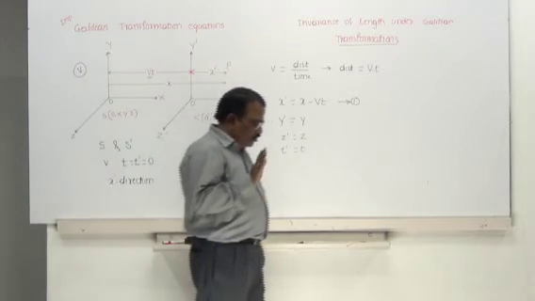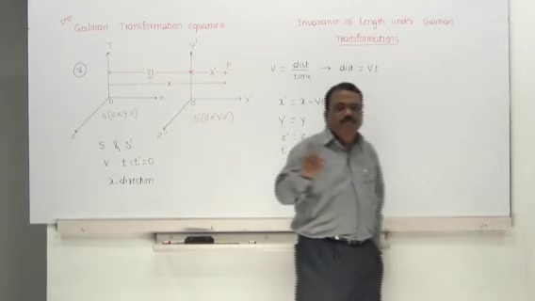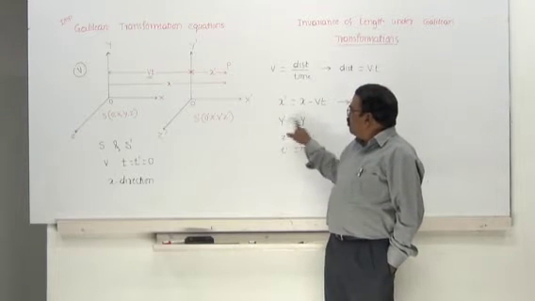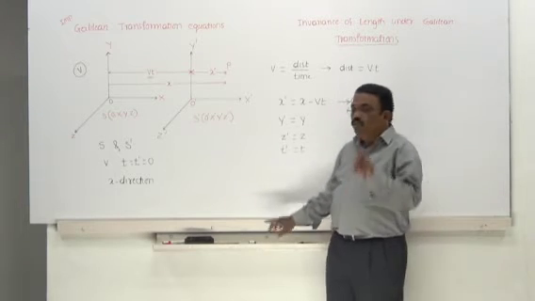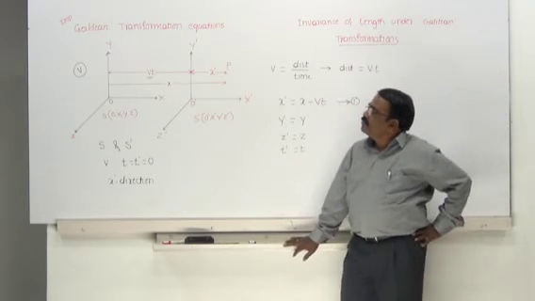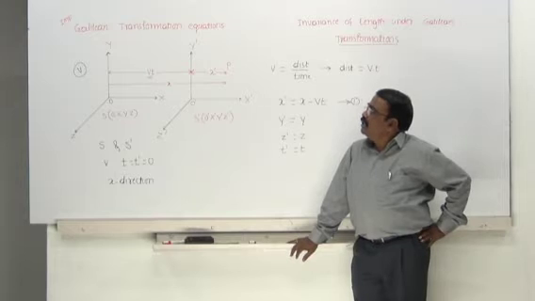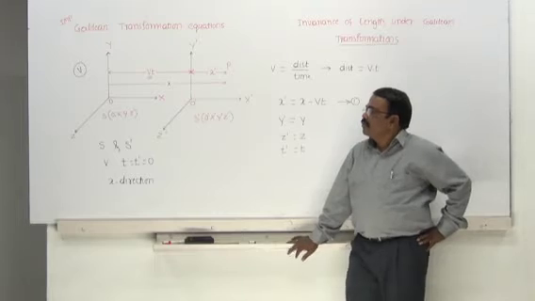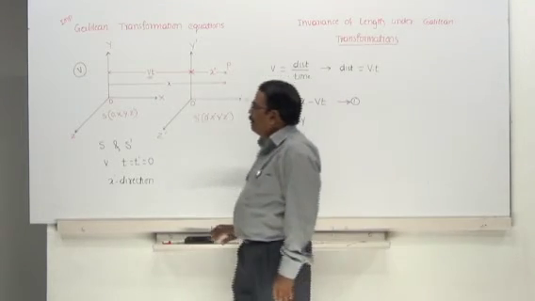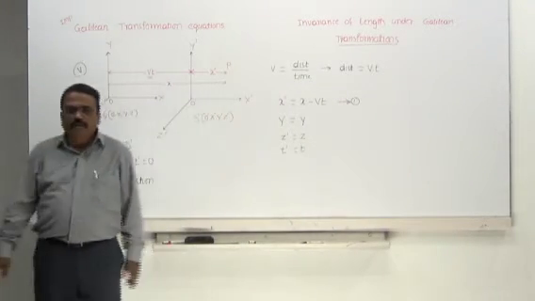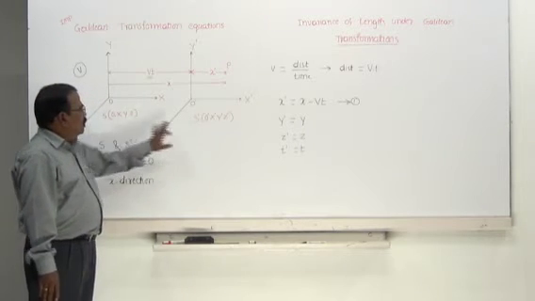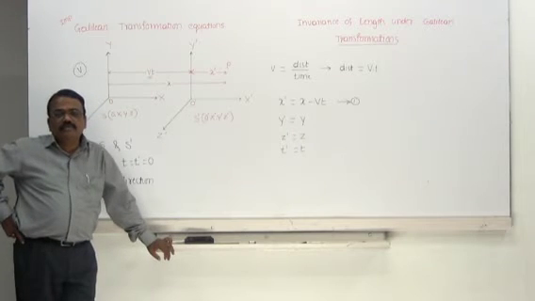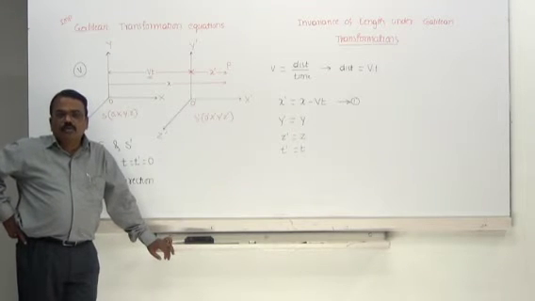An equation which provides the relationship between the coordinates in the two frames of reference is called the Galilean transformation equation. Let in the figure there be two frames of reference S and S dash. They are inertial frames of reference where Newton's laws hold good.